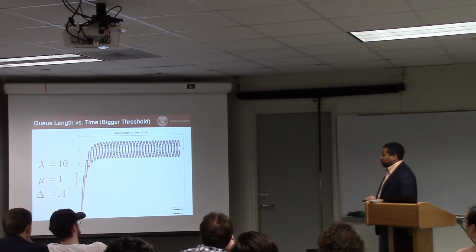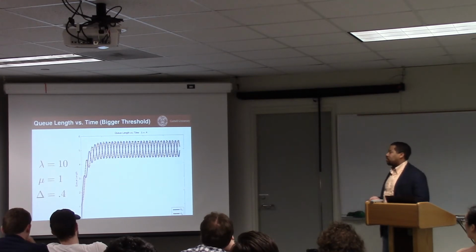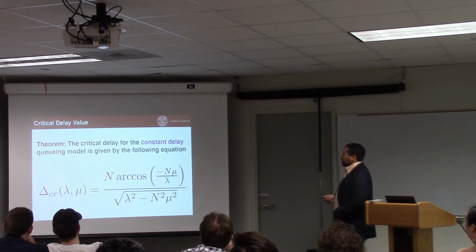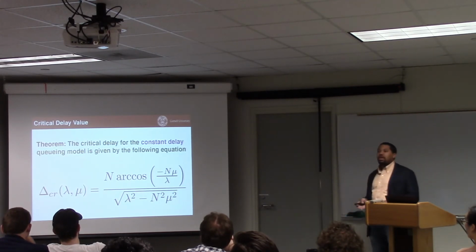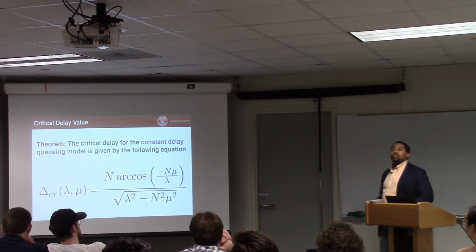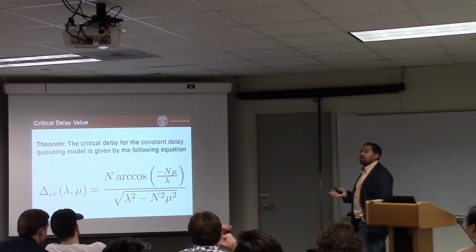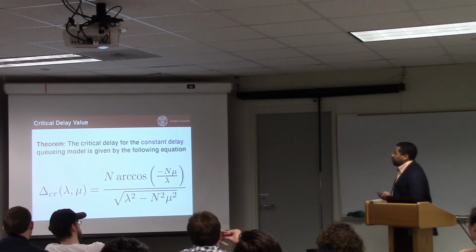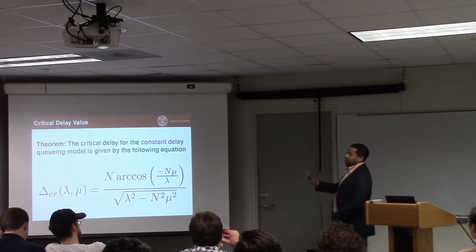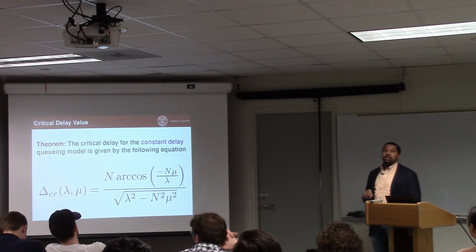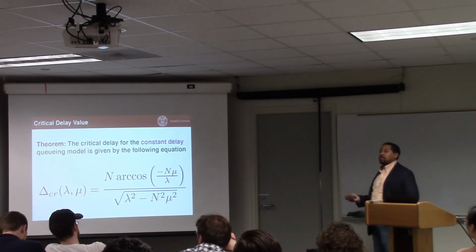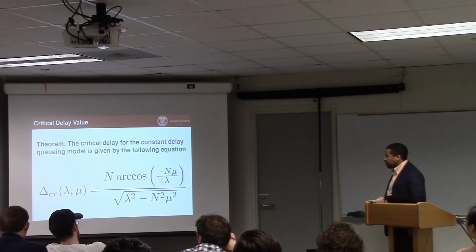So I'm interested in computing exactly when that happens. In this particular case, we can actually compute, in the n-dimensional case, exactly when this Hopf bifurcation occurs. We have an explicit formula in terms of the queuing model parameters that tells us when this phenomenon is going to happen.